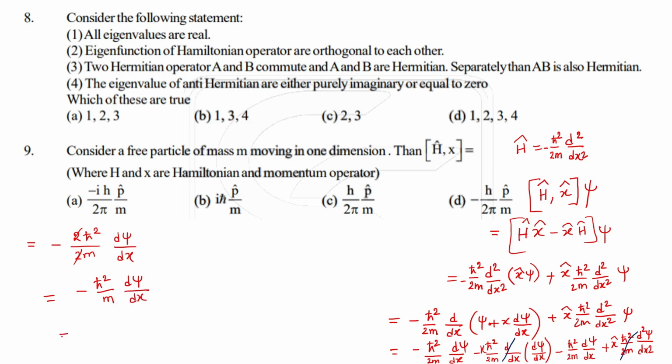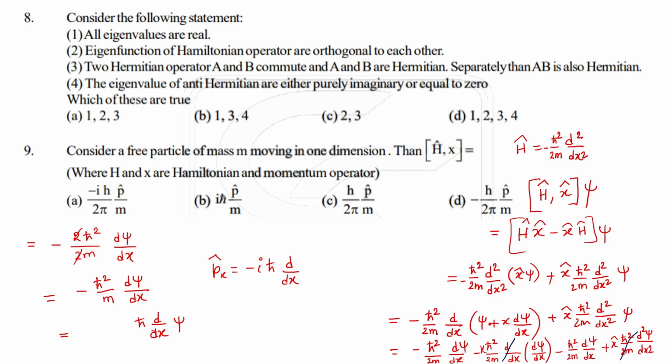Okay, so I have to write in terms of p, or maybe px, you can say, that is minus iħ d/dx, right? So I'll take 1ħ d/dx. Let me write psi here.